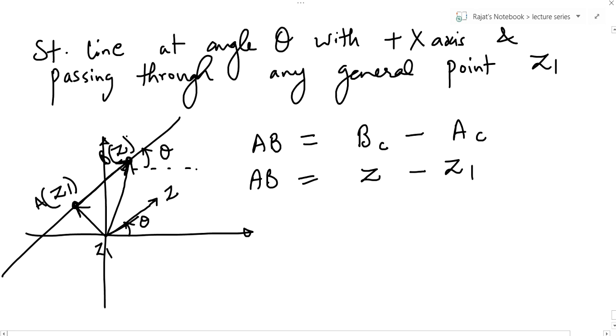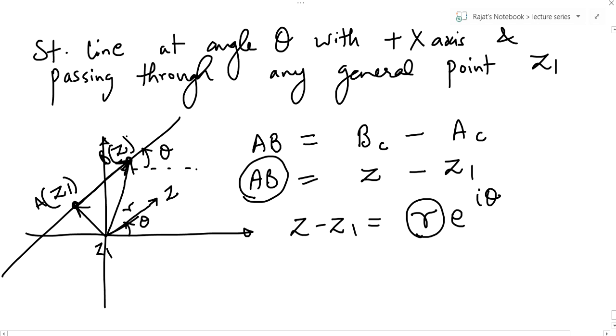If the length is, let us say, r, then I can write z minus z1 will be nothing but r e to the power I theta. This r represents length of AB.